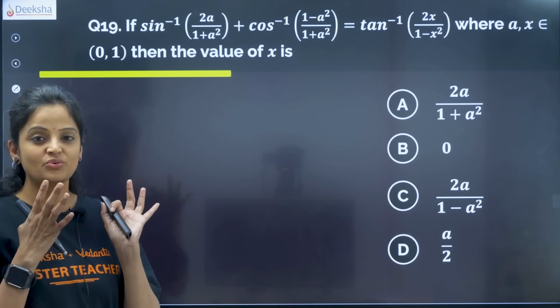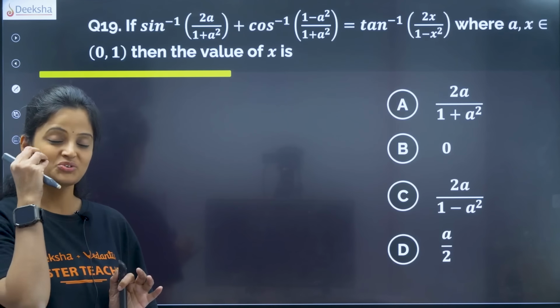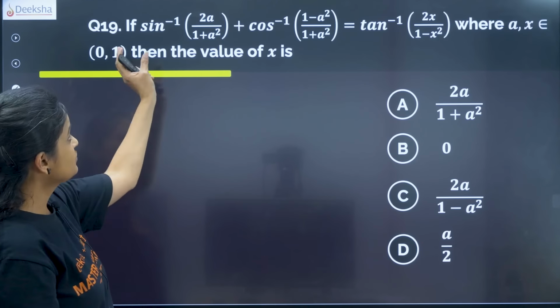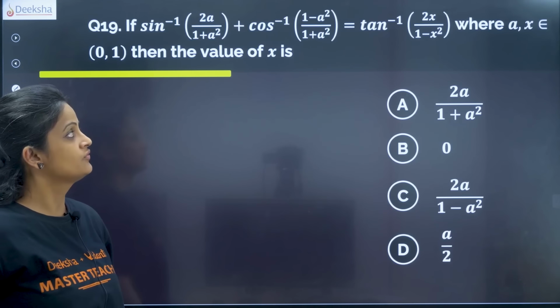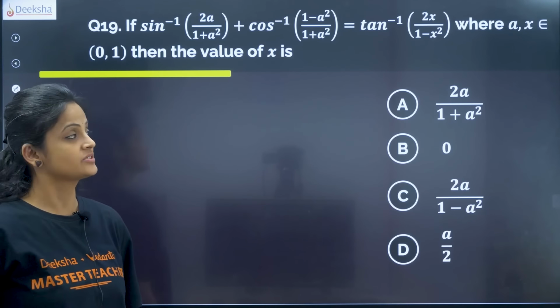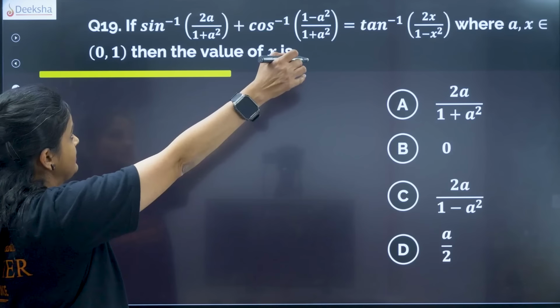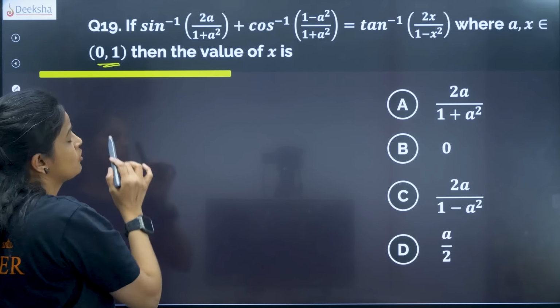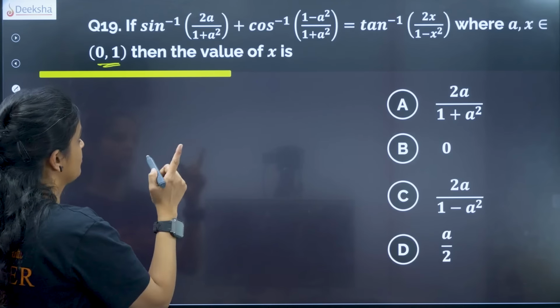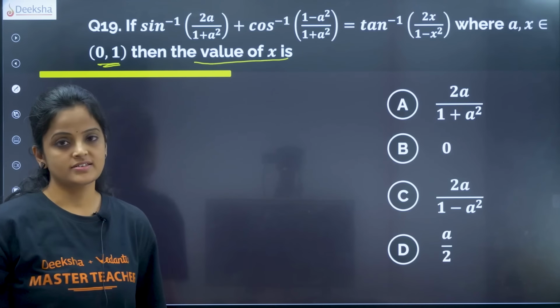See, this question only is scary, but the answer is very simple. Sin inverse of so and so plus cos inverse of the value is equal to tan inverse of 2x divided by 1 minus x square. The condition is given, and they are asking, where a and x both belong to (0, 1), what is the value of x?